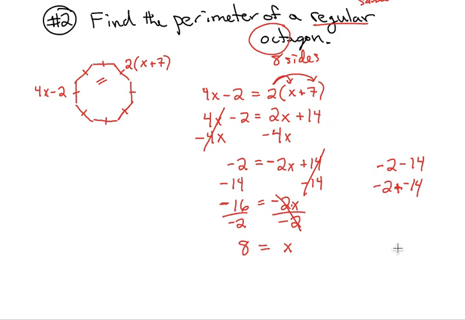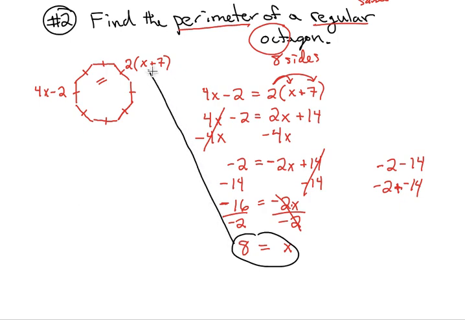If I was to put it on my answer line for this equation, wait a minute, that's not my answer, because I need to find the perimeter. I looked back up here to read my sentence again. It says find the perimeter. So that means I need to take this 8, which is x, and bring it over here.